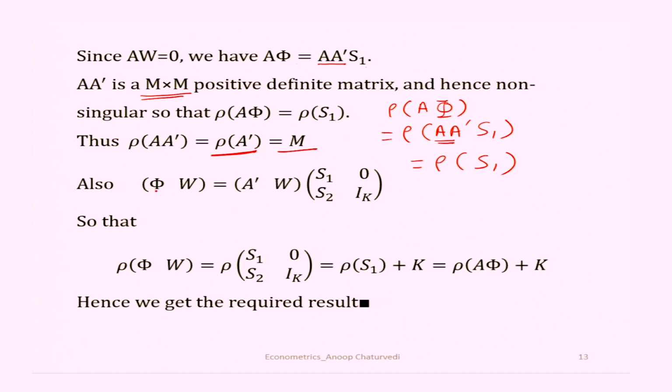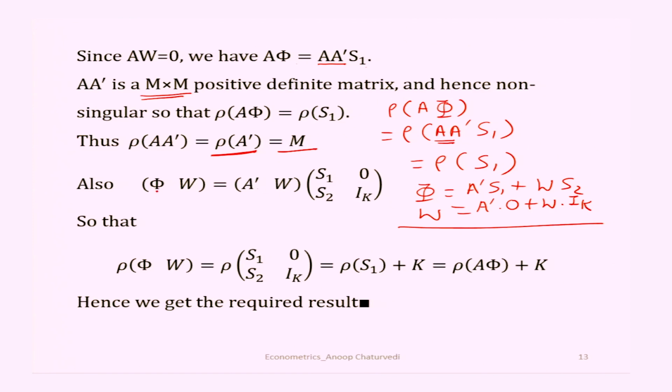Further, phi W is equal to A transpose W S 1 S 2 0 I k, because phi is equal to A transpose S 1 plus W S 2. You can write phi equal to A transpose S 1 plus W S 2, and of course, W is equal to A transpose into 0 plus you can write W into I k, and then we combine these two.